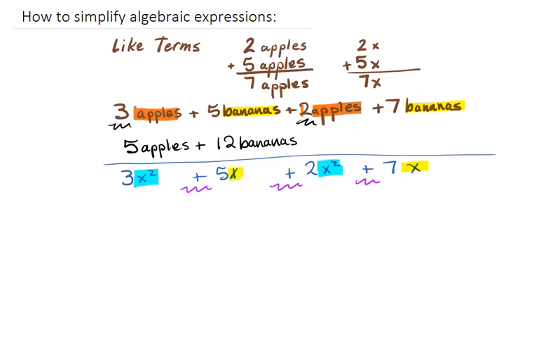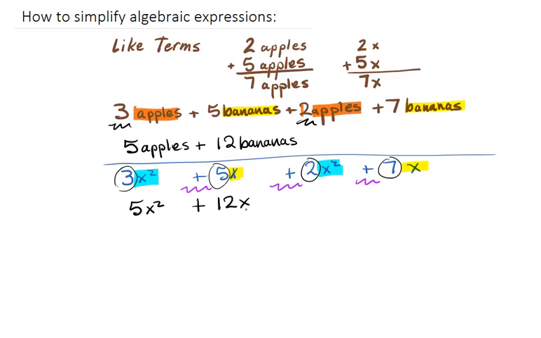So all I do is look at the leading coefficient. That's what they call these numbers in front of the x's. And I determine what I need to add together. 3x squared plus 2x squared is 5x squared. And 5x plus 7x is 12x.